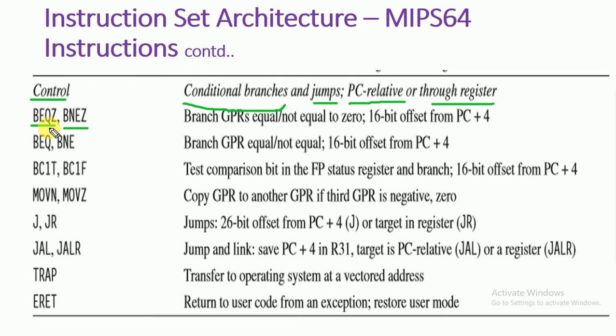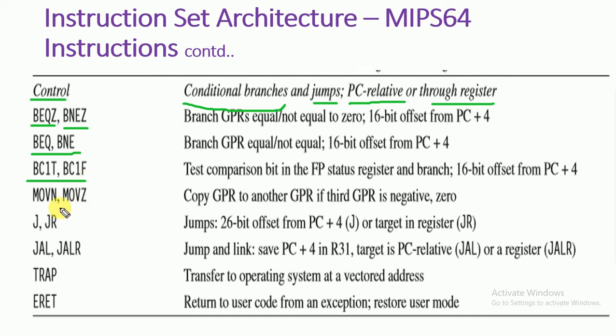If the register content is equal to 0, some branching will happen. If the register content is not equal to 0, some branching will happen. Similarly, branch equal to, branch not equal to. Then there is test comparison, like the status register: test comparison bit in the FP status register and branch.